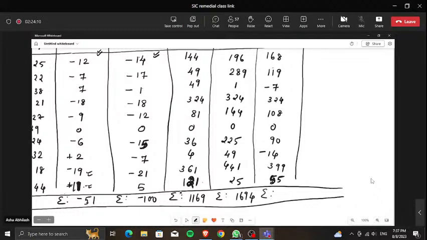Last one is being removed. Is it 1270? No, it is not 1270.